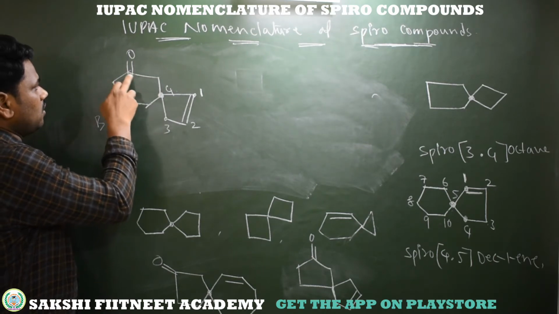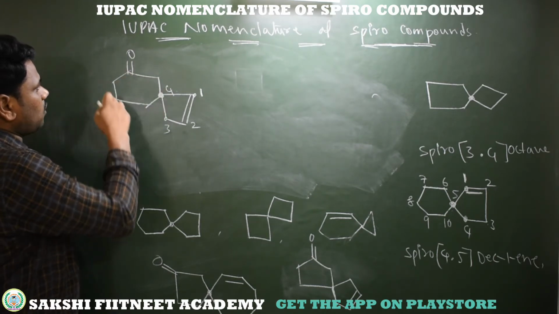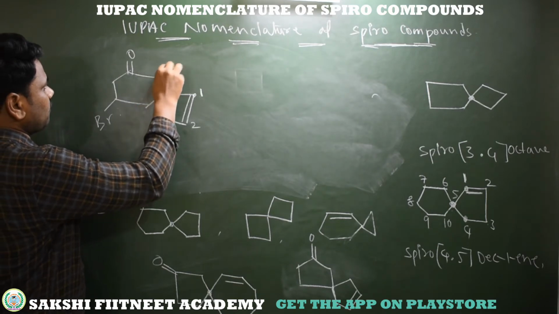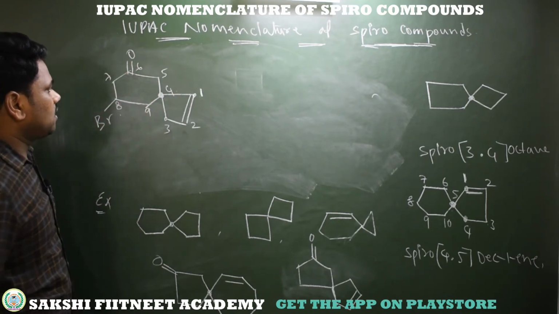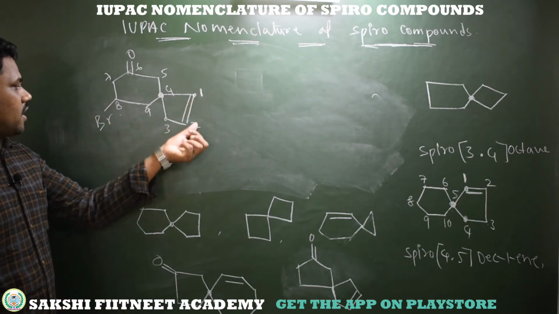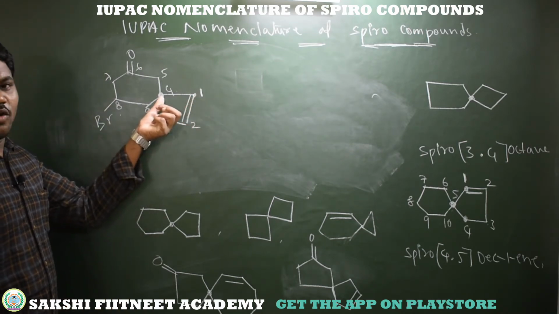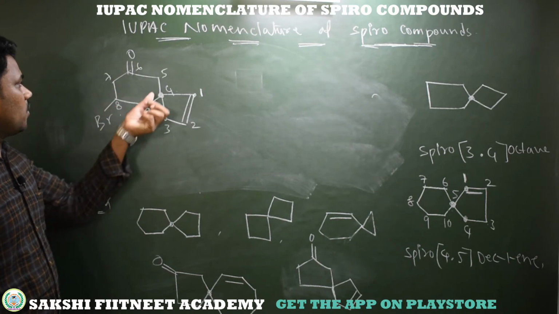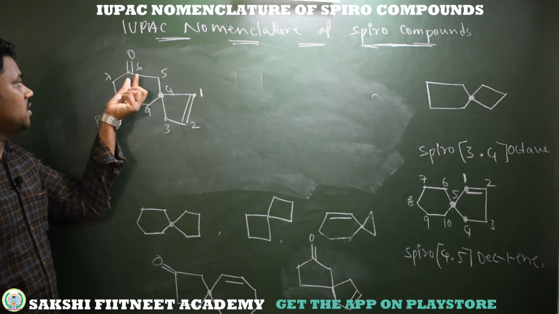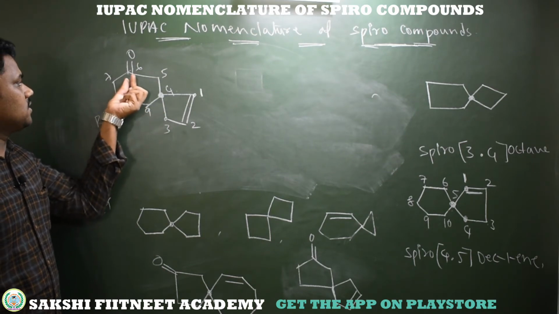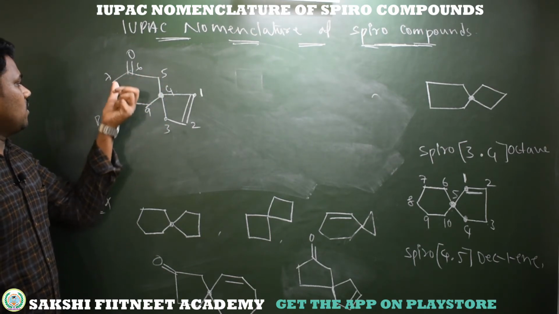So according to that I must follow anti-clockwise 4, 5, 6, 7, 8, 9. So these are numbered first, second, third, passing through the spirocarbon. I am continuing anti-clockwise because I want to cover this ketone group very early, that means with a lower number. 4, 5, 6, 7, 8, 9.